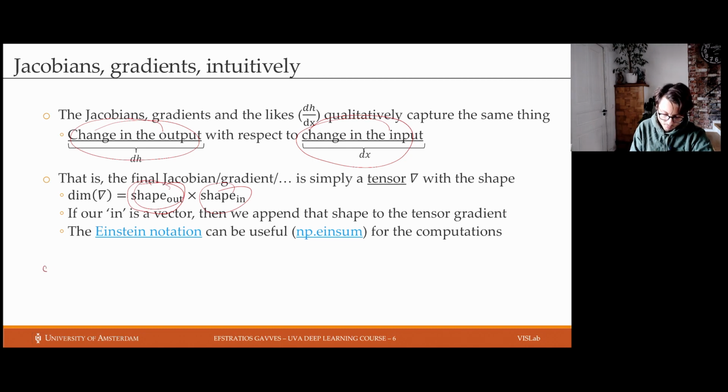So if we have, for instance, y equals a1 x1 plus a2 x2 plus a3 x3, so the sum of a_i x_i for i from 1 to 3.